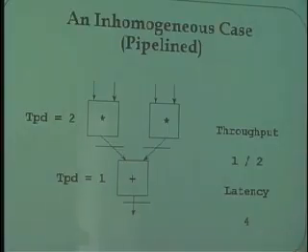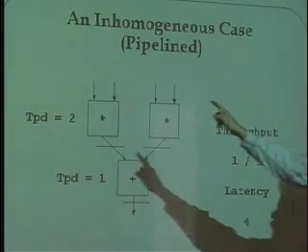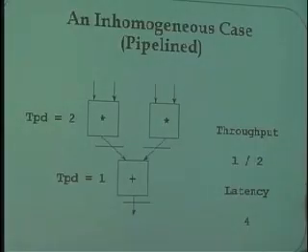And the way we'll pipeline it is we'll put these registers in here just like the other case. But now the question is, how often can we hit that clock? What is the period of the clock that we can use to sequence data through the system? And that is determined by the maximum propagation delay between stages. The assumption, again, is that there is a circuit like this one that ends in a register that's feeding this one here.